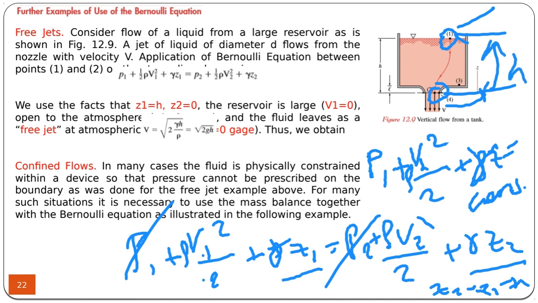Then at the free surface, it's a large free surface. What do you expect the velocity at the free surface to be if it's very large? It would be very slow. Yeah, very slow, or just take it to be 0, right? So this is 0 also. So at the end, you just get V equal to the square root of 2 times g times h. So if you know the height of the water, then you can calculate the velocity at the exit.